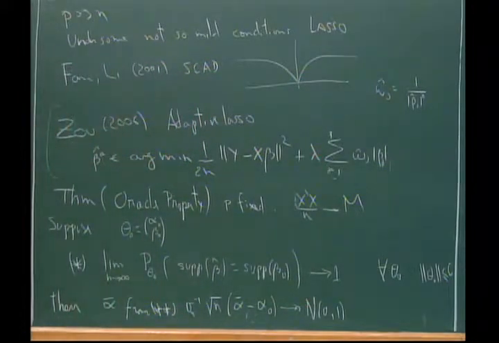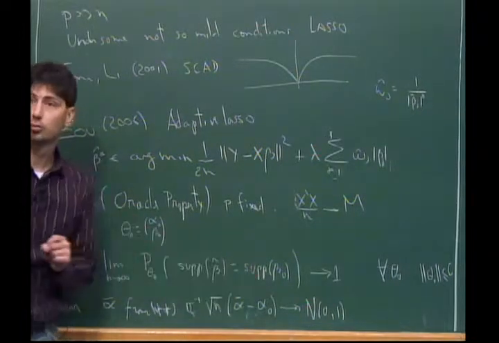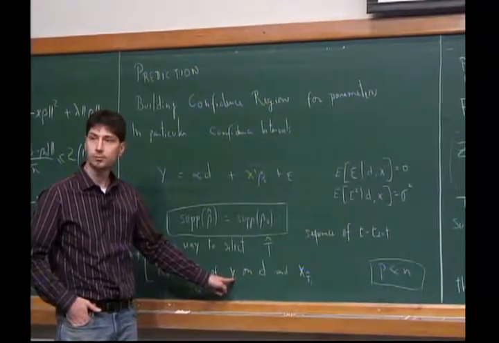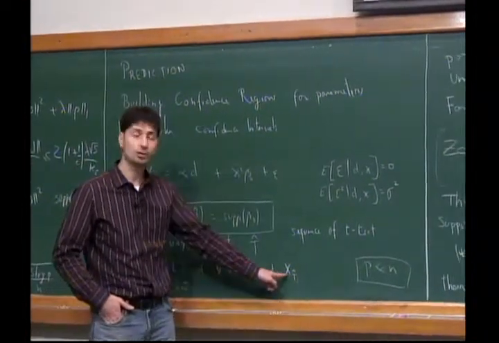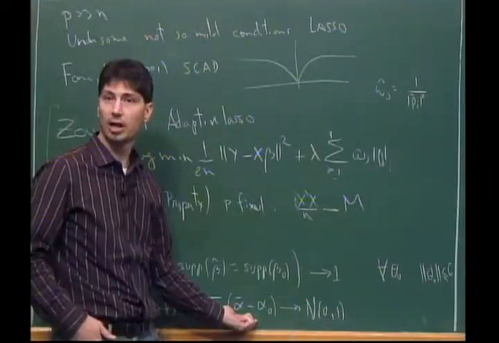So this should not be surprising if I'm assuming the oracle property. With probability going to 1, I'm selecting the true model. Then if I run least squares of the outcome on the treatment and the true model, I get asymptotic normality as usual.